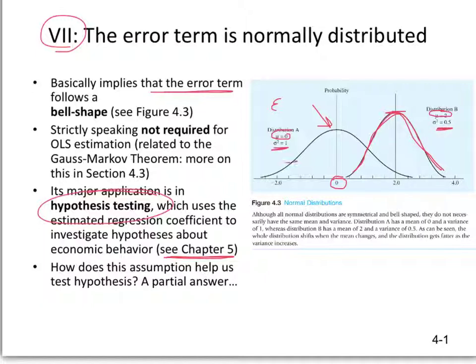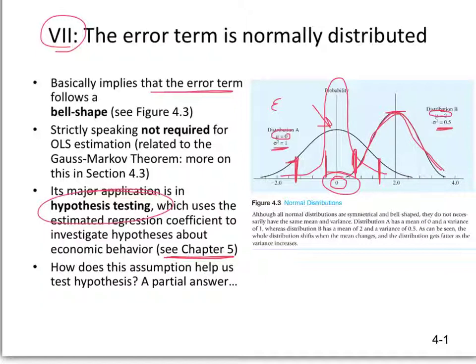This is the one with the thick tails here. Okay, a thicker tail distribution means that you're more likely to draw randomly an observation that lies farther from the mean. Okay, the more peaked this distribution becomes, the greater the probability that you'll draw a value close to the mean of the distribution. So that's what the normal distribution means.